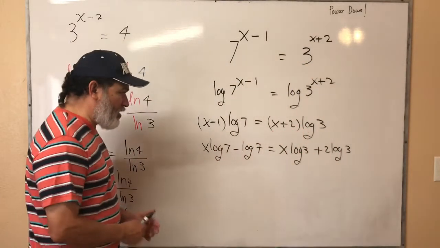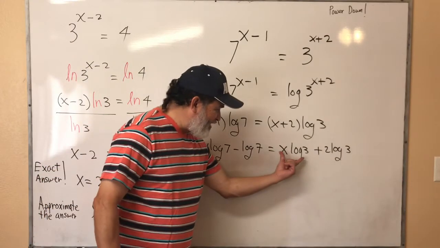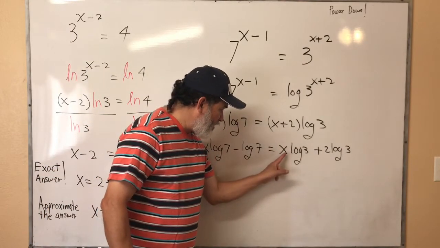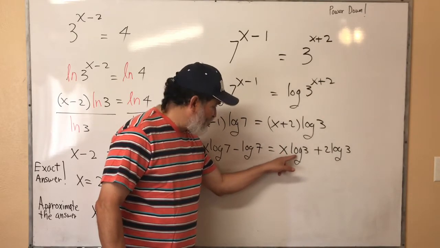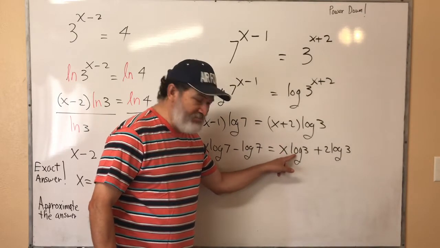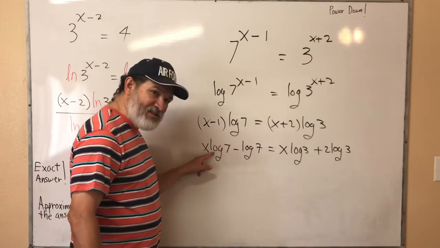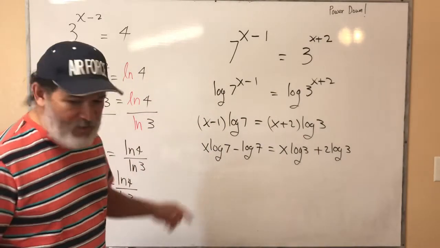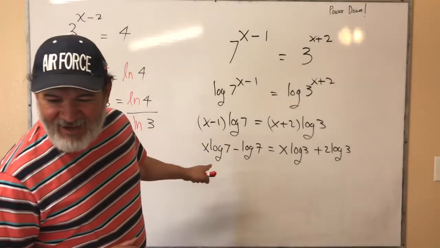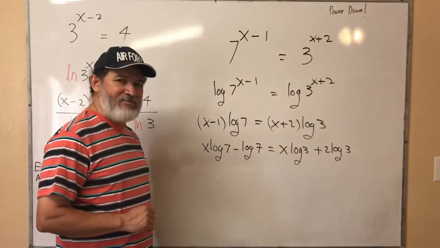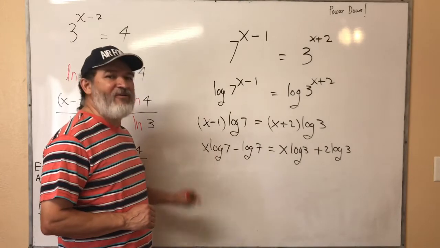This x has to come out of the parentheses by distribution. That's beautiful. Look, this is a term with x, and this is just a decimal. So this is 0.85x, because this is 0.85.